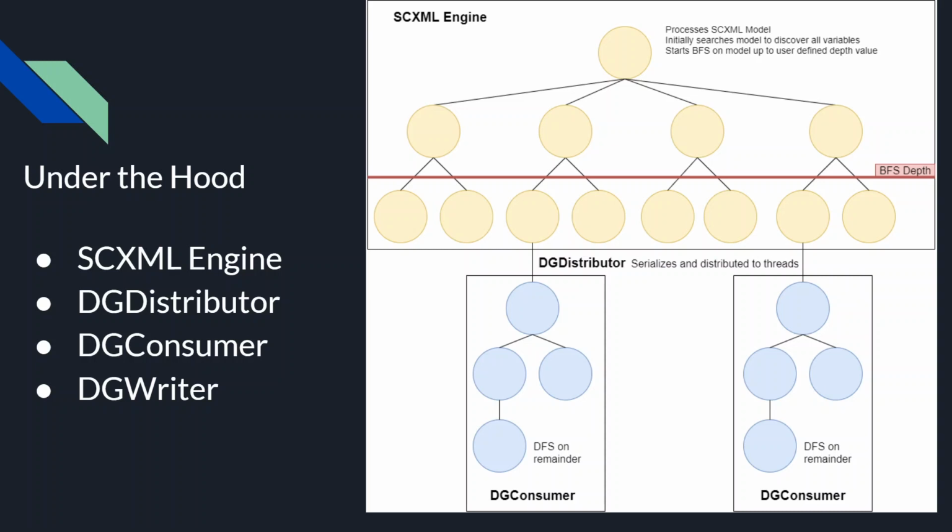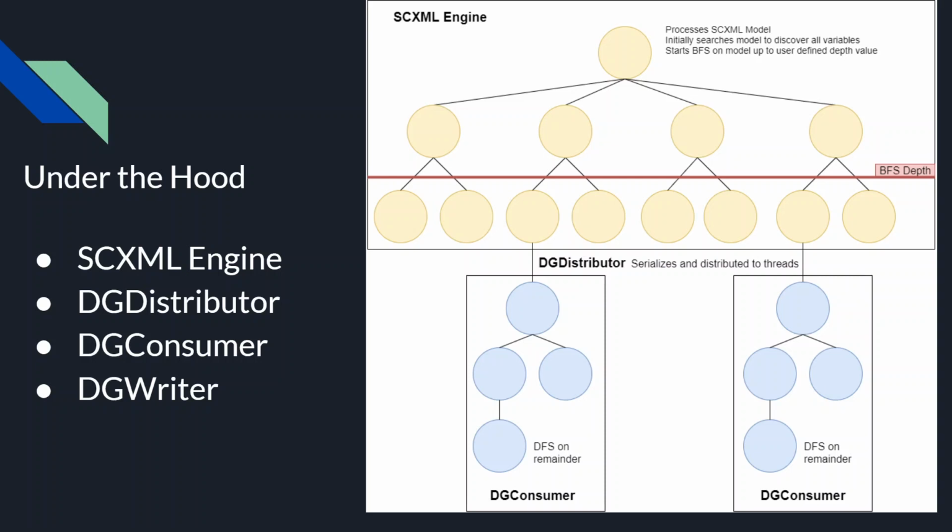So this slide gives an overview of what's going on under the hood when the data generator library is running. The first thing that happens is an SCXML engine will initially search the SCXML model and determine every single variable that would be associated with one data point.